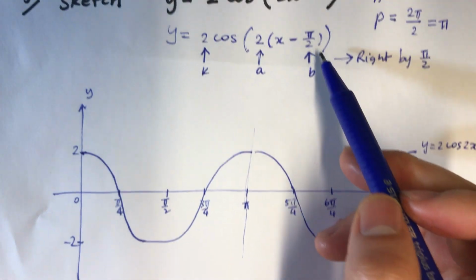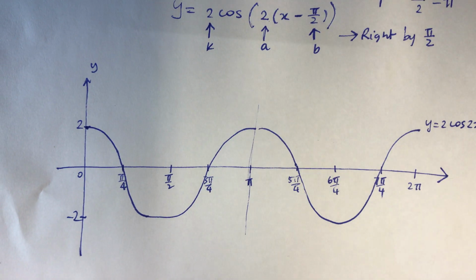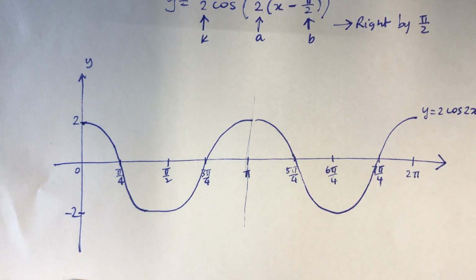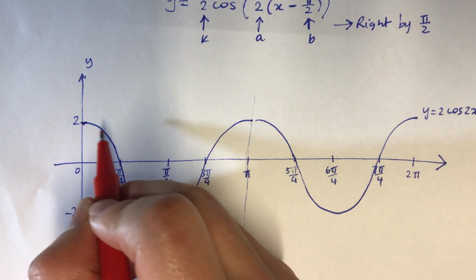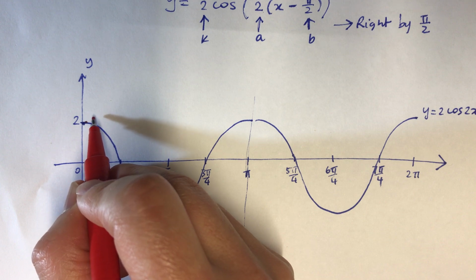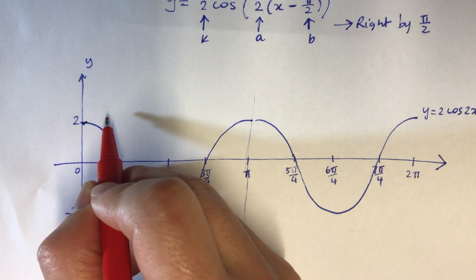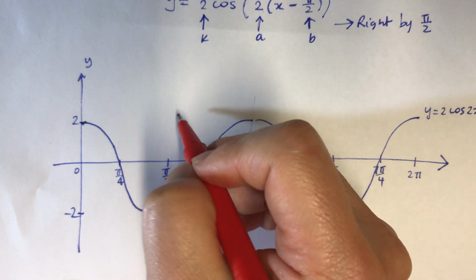Now what I'm going to do is I have to move to the right by pi over 2, which is half, which is the 90 degrees. So I'm going to move this one to the right, to 90 degrees, which is up to here.